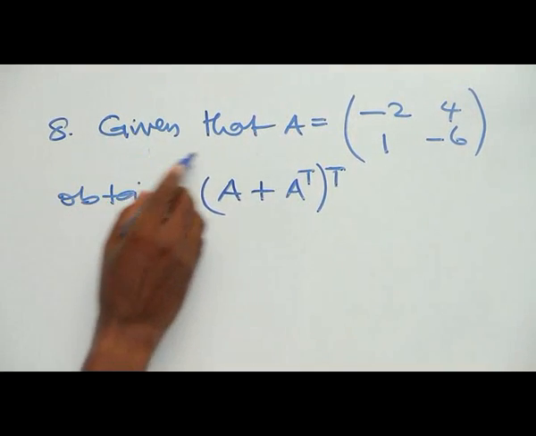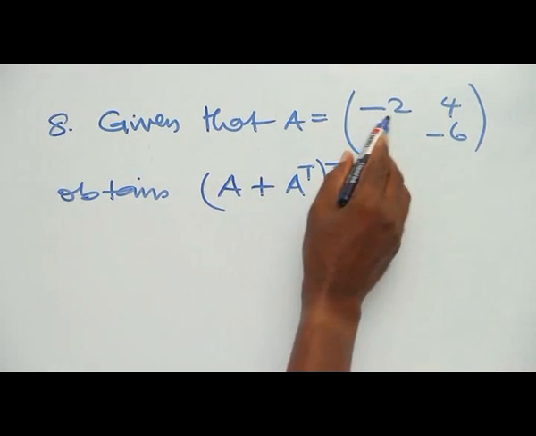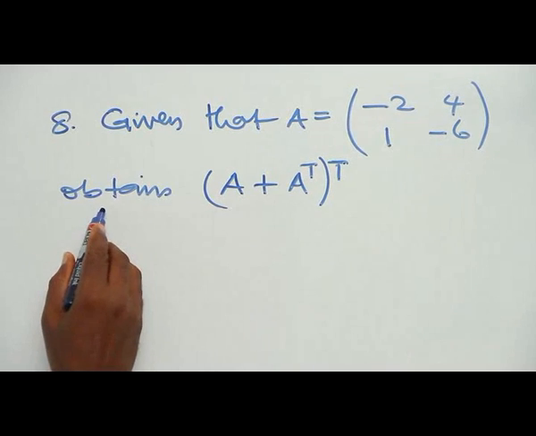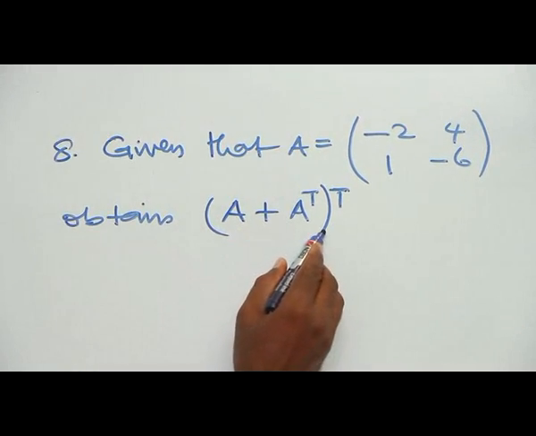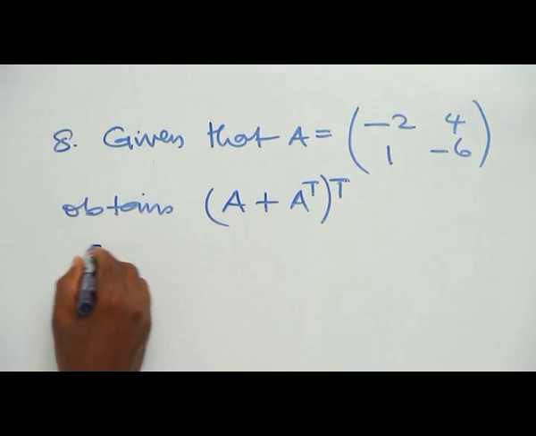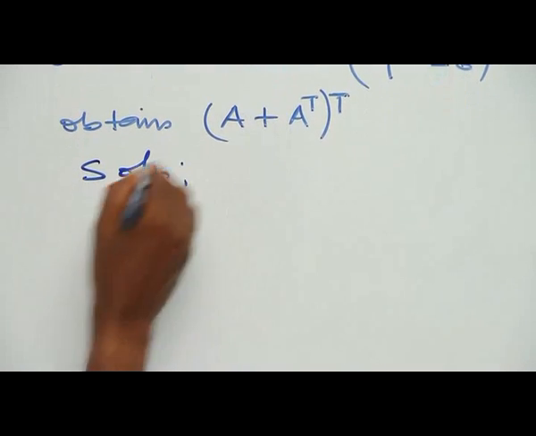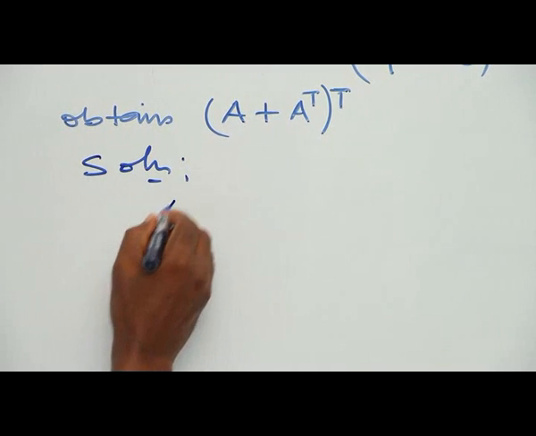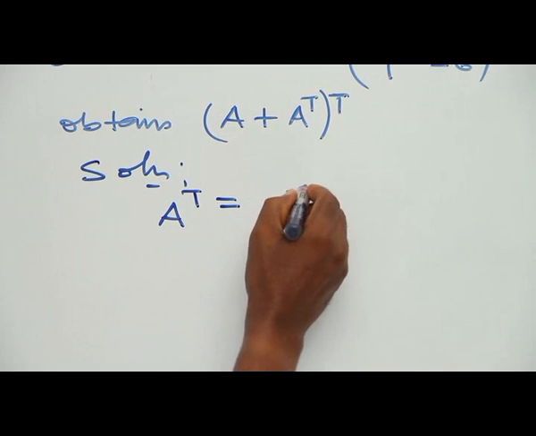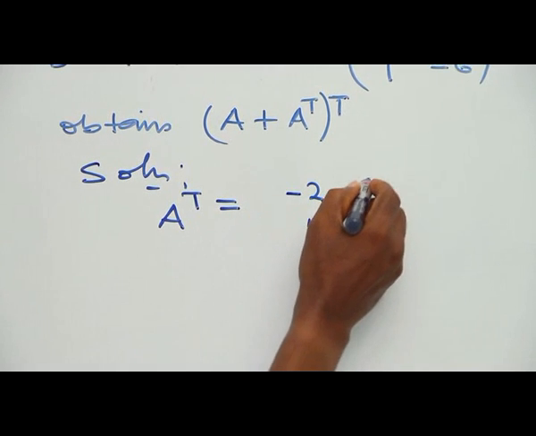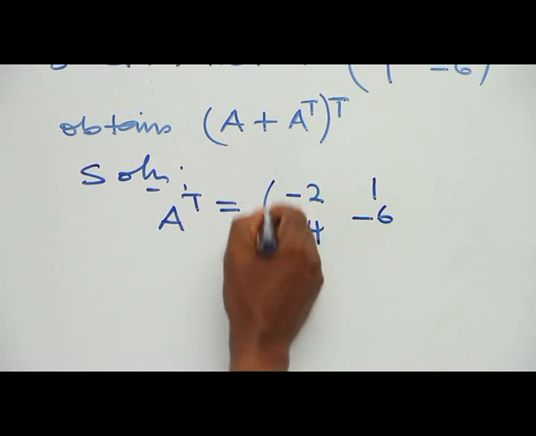Example 8, given that the matrix A is equal to this, we are told to obtain A plus A transpose, bracket open and closes, transpose. Our solution, first of all, we write the transpose of the matrix A, and that will be equal to minus 2, 4, 1, and minus 6.